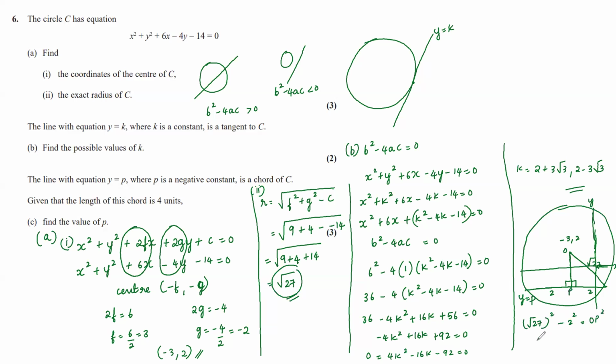So root 27, the whole square is 27, minus 2 square is 4, is equals to OP square. So 27 minus 4 is 23. So OP square is 23. OP will be root of 23. So this entire distance is root 23.